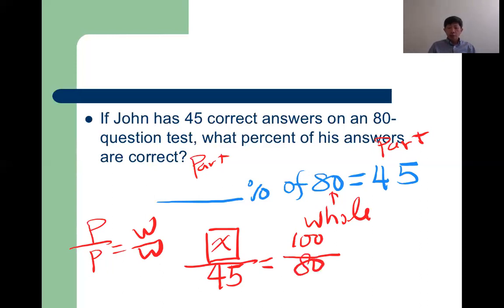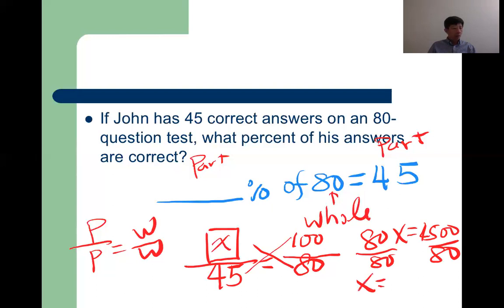We cross multiply: 80x is equal to 4,500. Now divided by 80, x should be 56% for this problem.